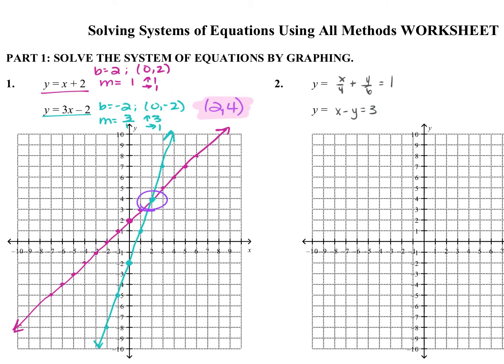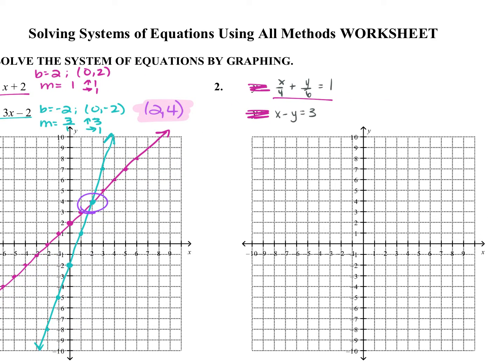For number 2, get rid of this y is equal to in the front. Work with x over 4 plus y over 6 is equal to 1, and x minus y is equal to 3. If we work with the first one, if you wanted to get rid of those fractions, you can, or you can just move over the x over 4. That would give you y over 6 is equal to negative x over 4, or negative 1 over 4 x plus 1.